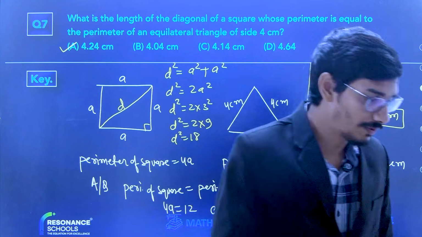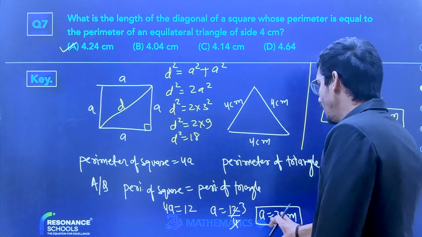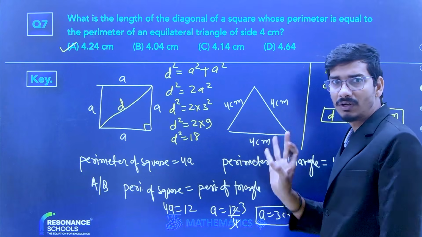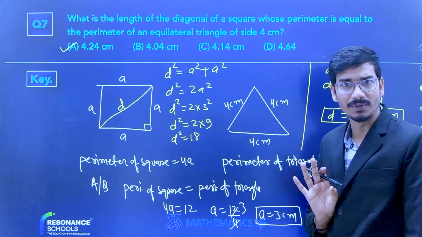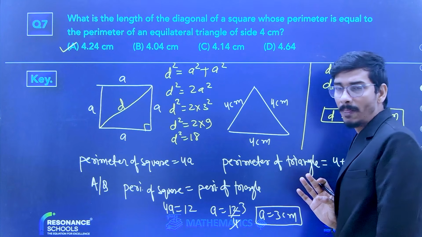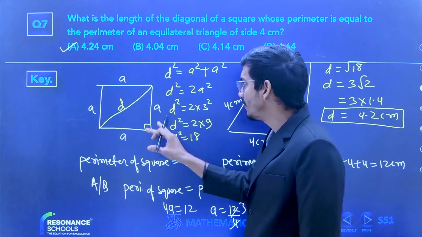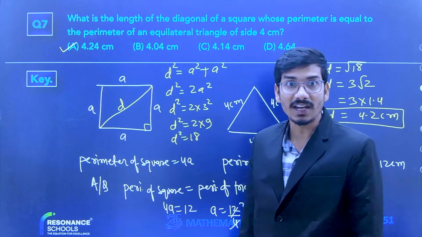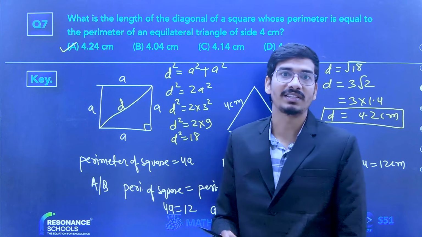First of all, take a screenshot, everyone. After equating the perimeter of the square and the perimeter of the triangle, we get the side of the square equals 3 centimeter. Now, if you see the square, this is a right angle triangle, and we can apply the Pythagoras theorem.